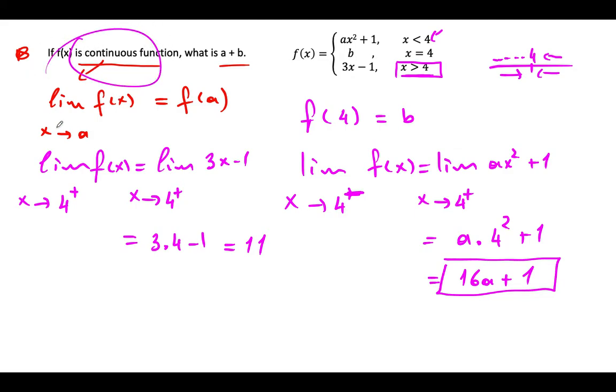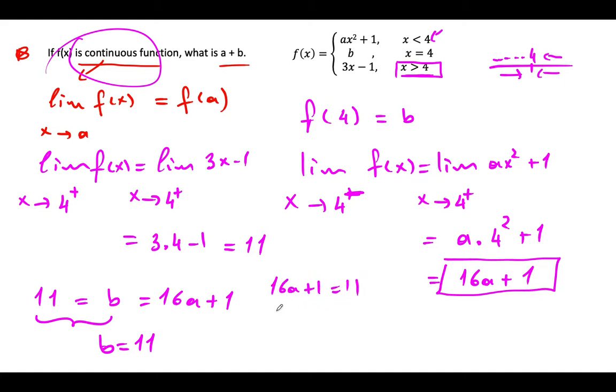Since the function is continuous, 11 must be equal to b and it must be equal to 16a plus 1. So it is directly seen that b is 11. So how can I find a? 16a plus 1 equals 11, 16a is equal to 10. So a is equal to 10 over 16.